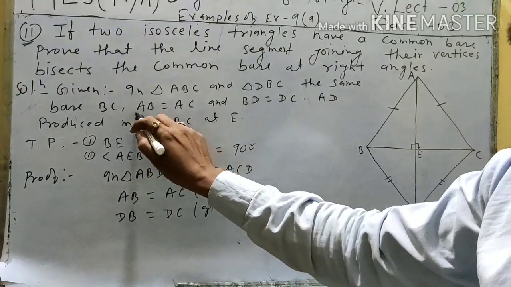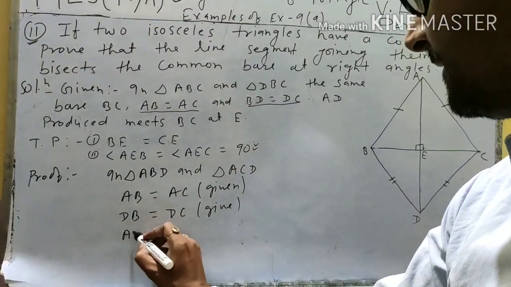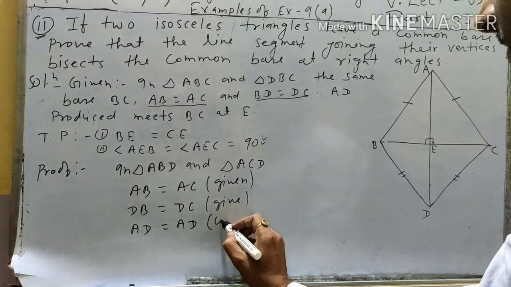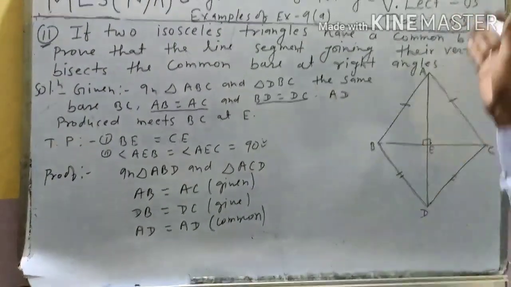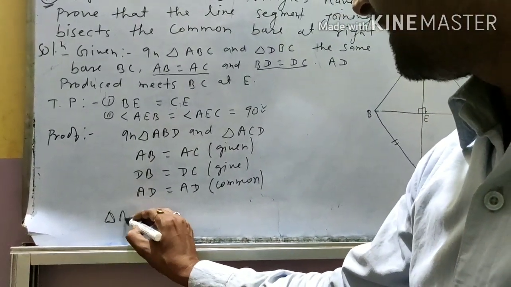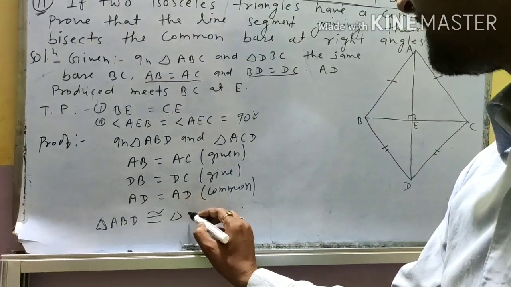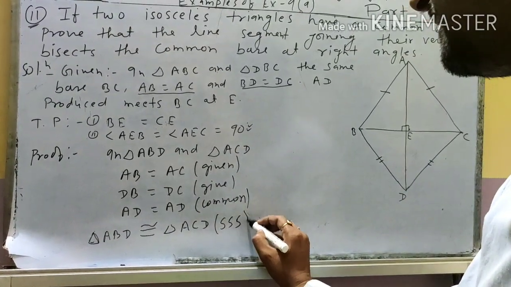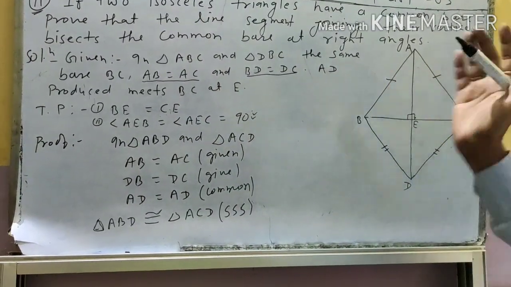Look here, AB is equal to AC given, BD is equal to DC given, and the third one is AD is equal to AD, common. In both triangles, AD is common. So triangle ABD is congruent to triangle ACD. The reason is SSS, side criteria, these two triangles are congruent.